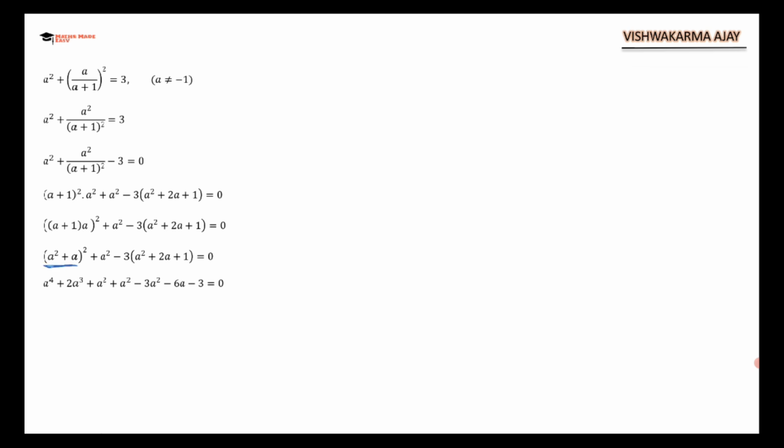Simple. Let's use the formula of (a + b) the whole squared here: a to the power 4 plus 2a³ plus a². Then we also take 3 inside the bracket: minus 3a² minus 6a minus 3 is equal to 0.